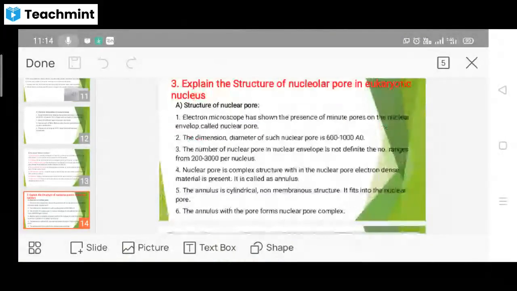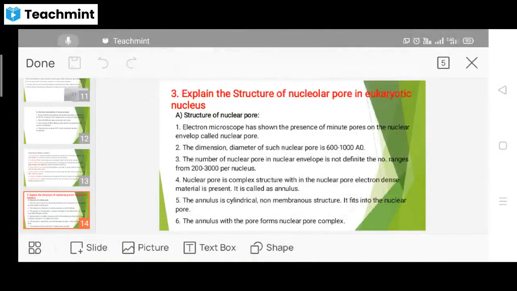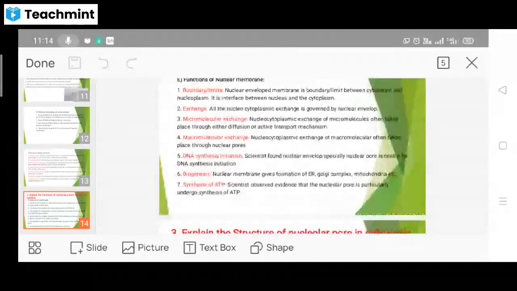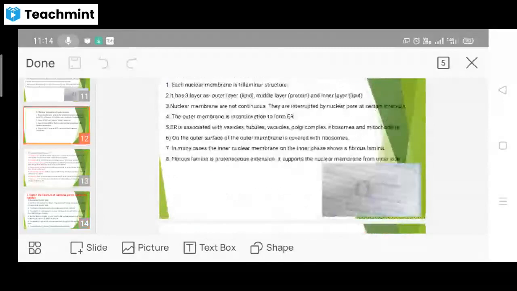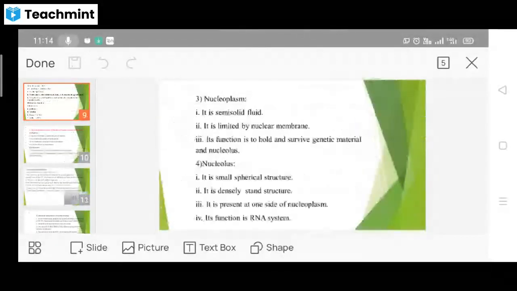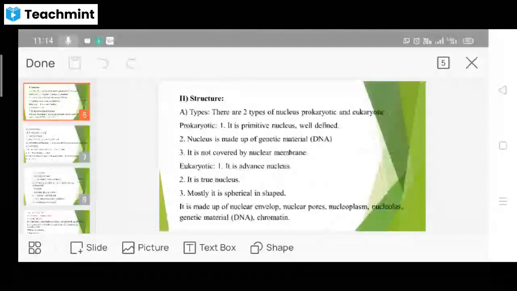So let's start the remaining part of the previous lecture, that is to explain the structure of the nuclear pore in the eukaryotic nucleus. As in the last lecture we discussed the nucleus structure. The nucleus is made up of five different components. Which are those?